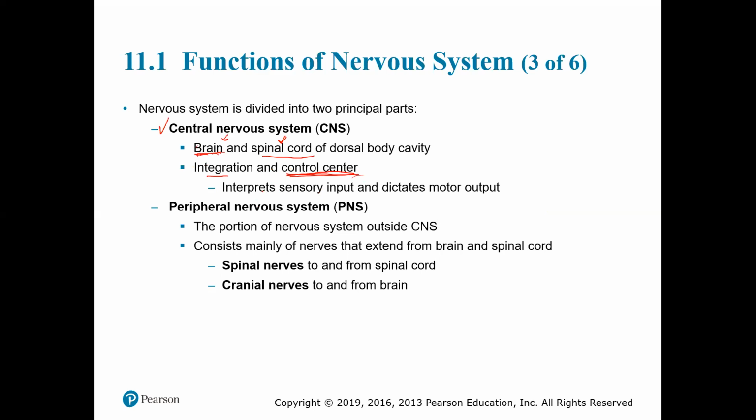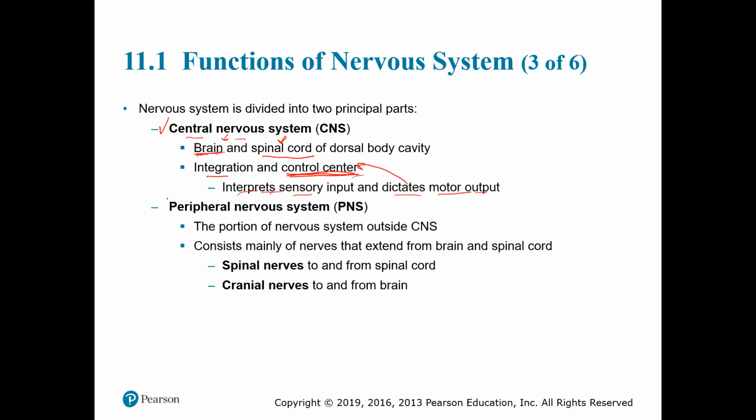Right, so it could interpret sensory input, no matter what it is. It could be somatic, touch and temperature and all that, or it could be a special sense, right? And it dictates through integration the motor output, right? But this is all being controlled in the brain or the central nervous system.